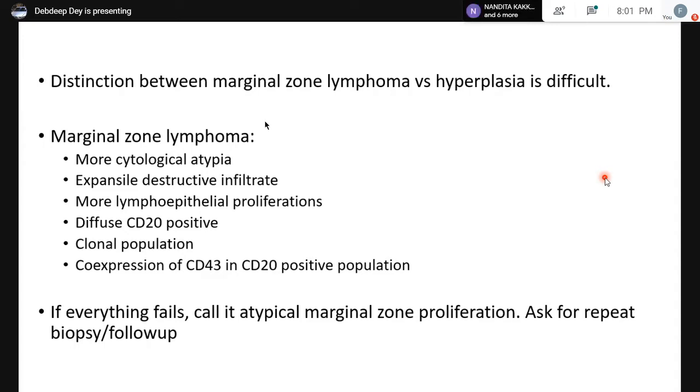You can ask for clonality, or you can ask for a repeat biopsy, or, because it's a low-grade lymphoma, you can allow the patient to come back after a certain time, and thereby allow the disease to manifest itself on a larger scale, in which case diagnosis may be easier.